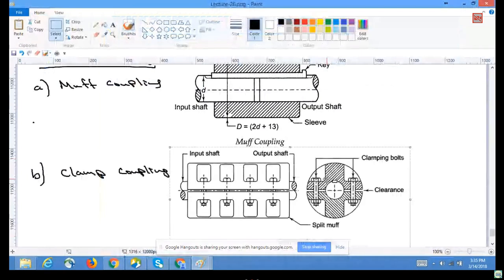Here you can see that input and output are coupled using these clamps, and you can see that these are bolts.